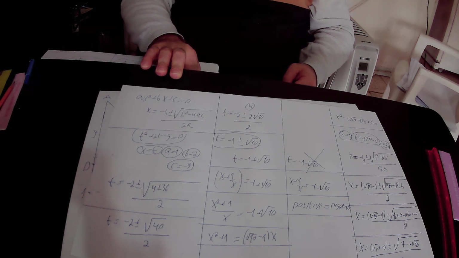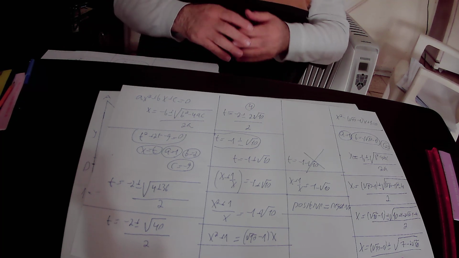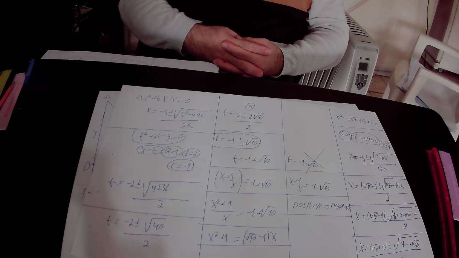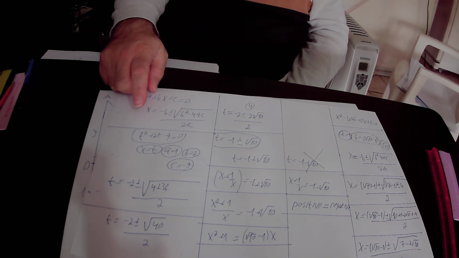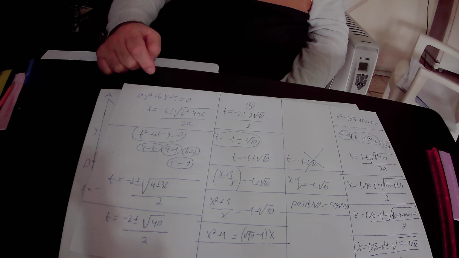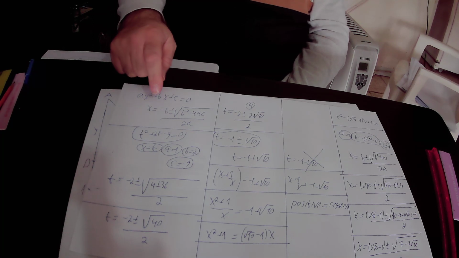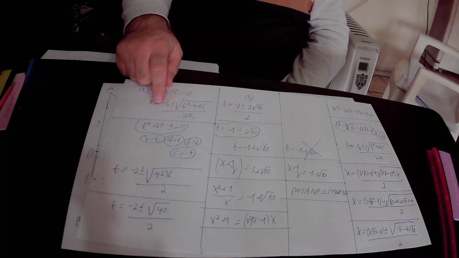And in our specific quadratic equation, t squared plus 2t minus 9 equals 0, the variable that we're looking for is t, so x equals t, and the coefficients of this quadratic equation are as follows: a equals 1, b equals 2, and c equals minus 9.